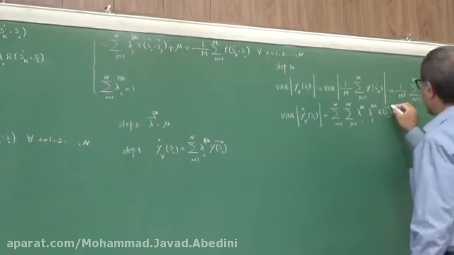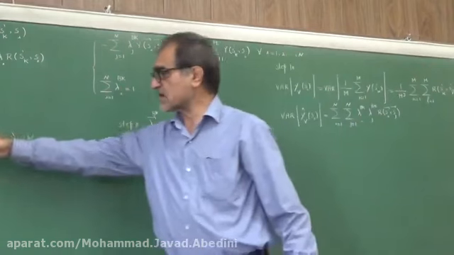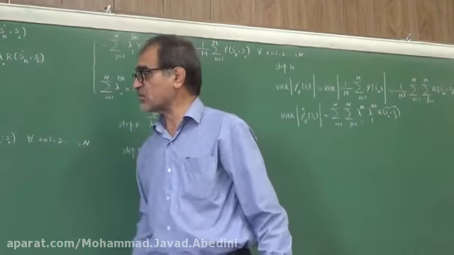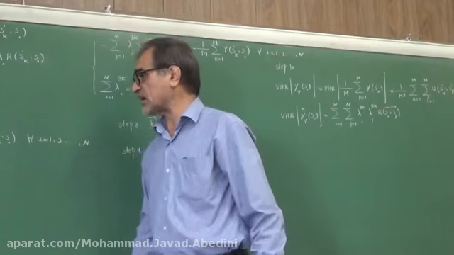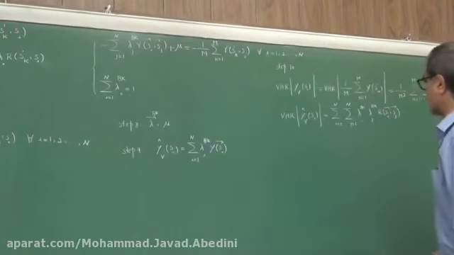And you can simplify this. How? You can multiply both sides of this equation by lambda I, take summation from I equal to 1 to n, and then replace this double summation with what remains.